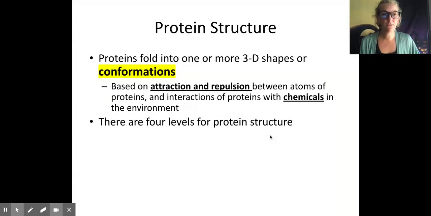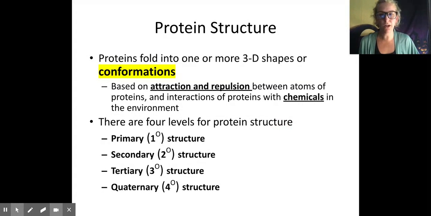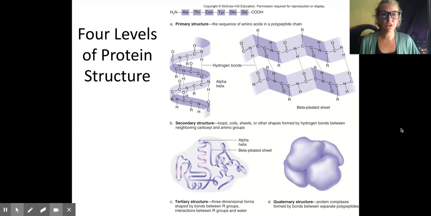There's 4 levels of protein structure on the way from the ribosome, where the amino acid chain is a straight line, all the way to the final product. The primary structure, the secondary structure, the tertiary structure, and the quaternary structure are what we're going to look at today. So this is a picture that you've seen if you've read textbook chapter 10.3.